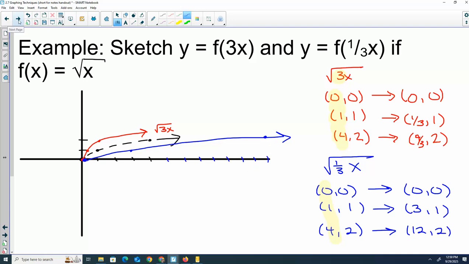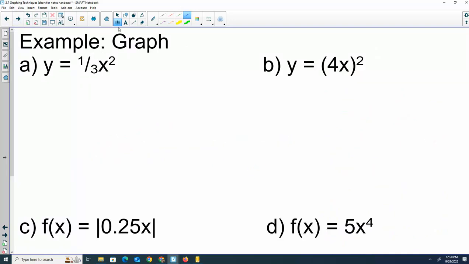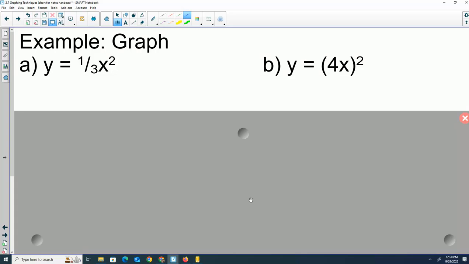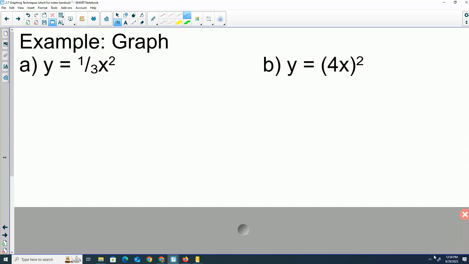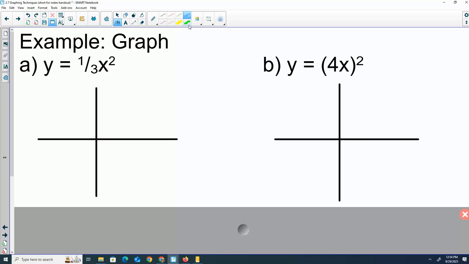I want you guys to try, just do A and B on this one. I want the parent function. So a parent function, that's your function from last week, x squared. If you need to on those, you can make a t-chart. 0 squared is 0, 1 squared is 1, -1 squared is 1.